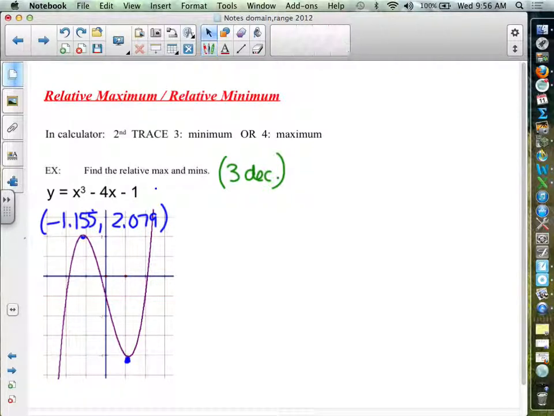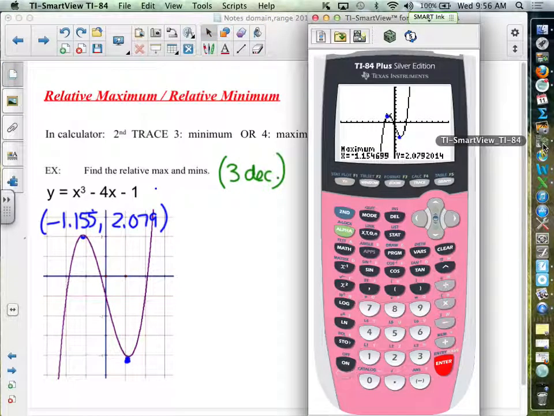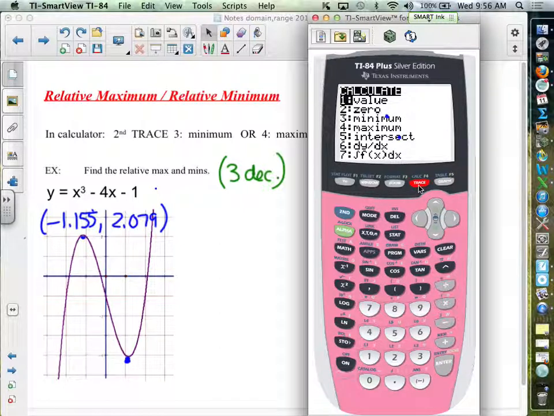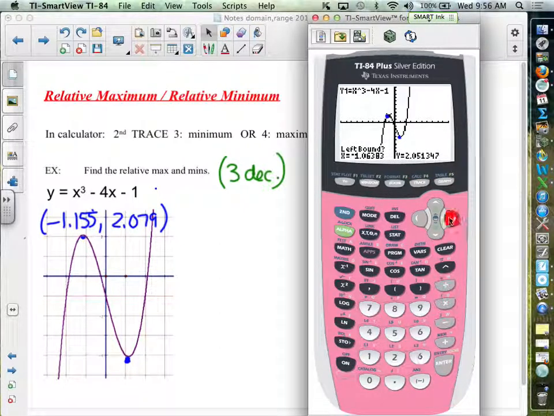This point down here. If I go back to the calculator, I can do the same thing again. Scroll over to the second point, but I need to go in the second trace, and this time it's a minimum. So my left bound, my right bound, got the minimum value.